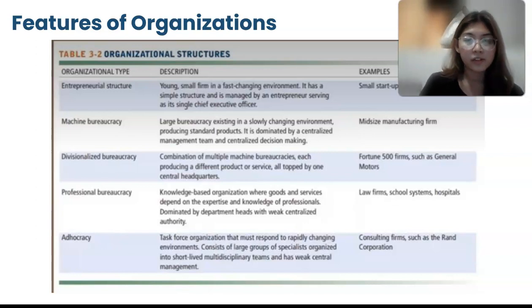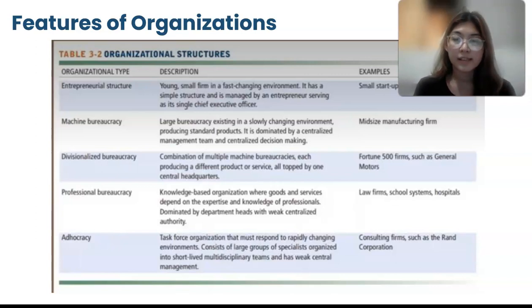These are knowledge-based organizations where goods and services depend on the expertise and knowledge of professionals. Examples of these are law firms, school systems, and hospitals. Last is adhocracy. These are task force organizations that must respond to rapidly changing environments, such as consulting firms and Rand Corporation.